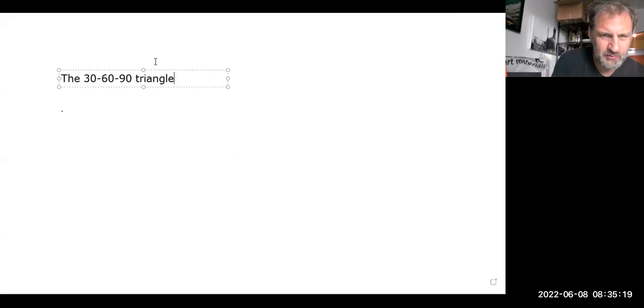And the way I remember this triangle is that I remember the numbers 1, 2, and the square root of 3. That's the three sides of this triangle.